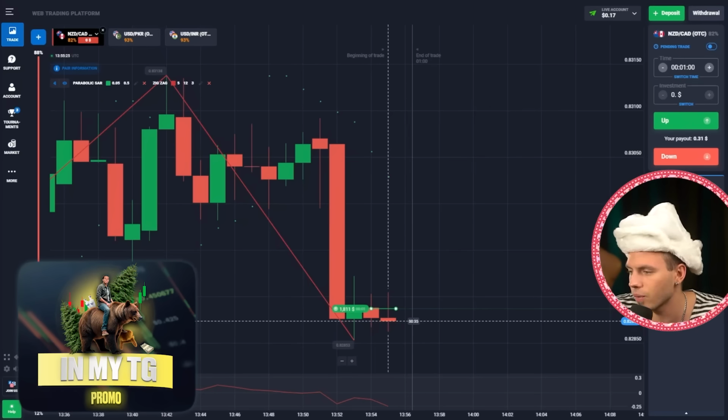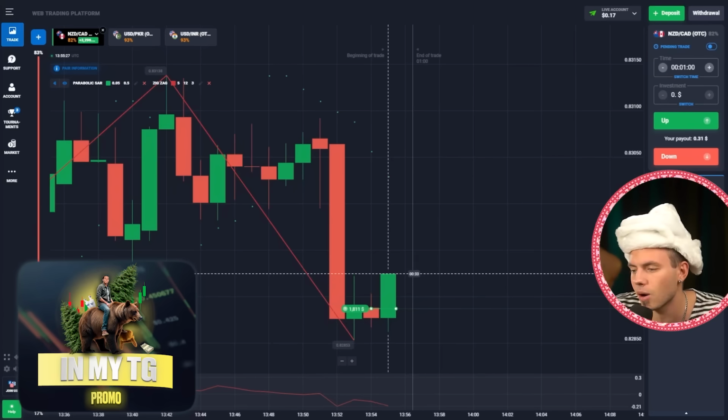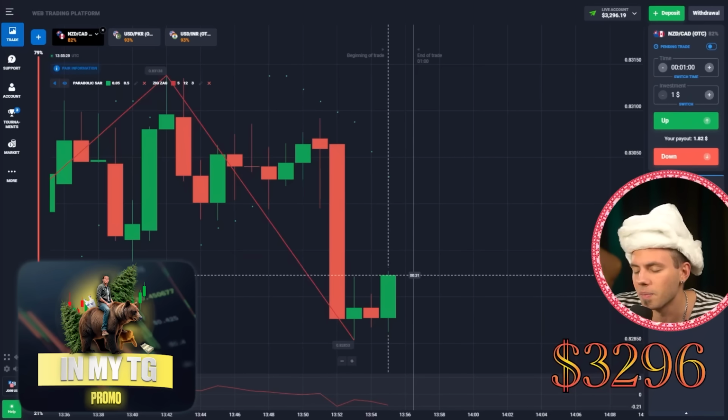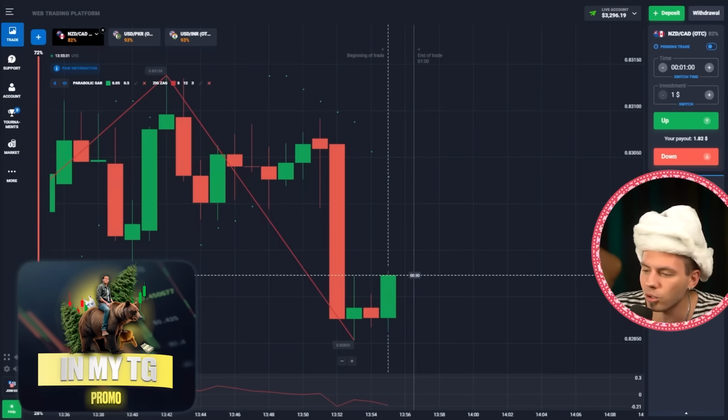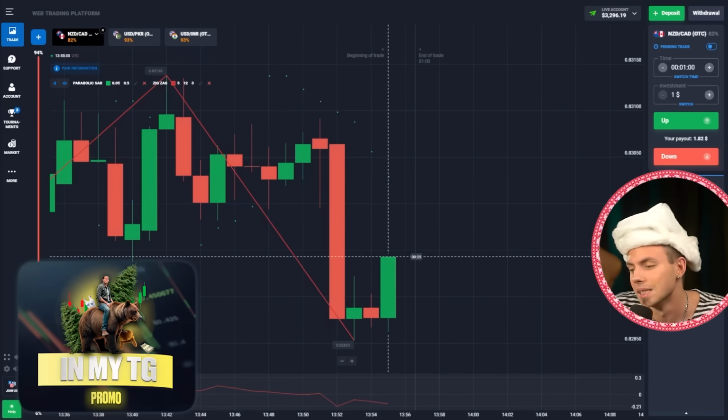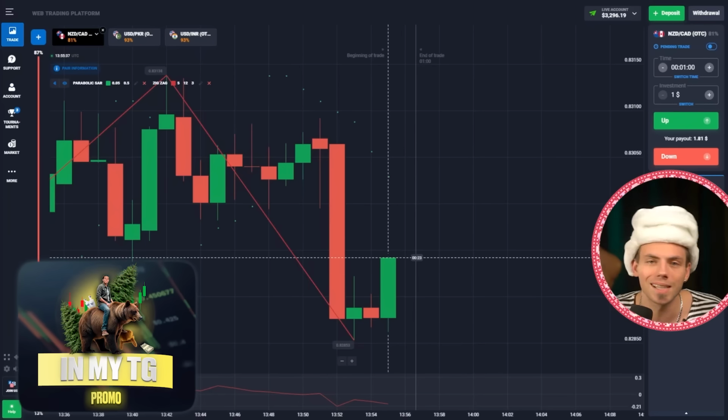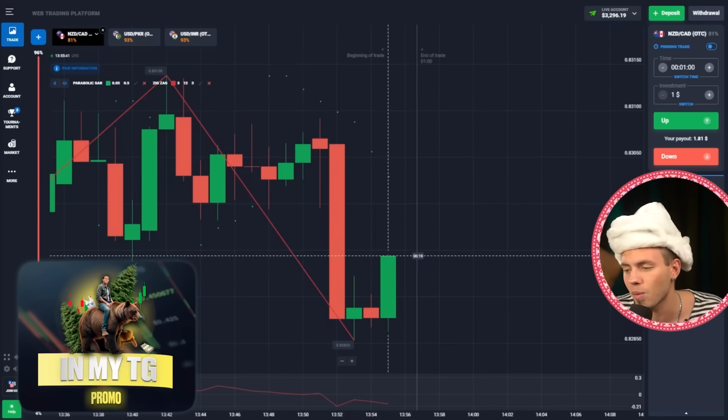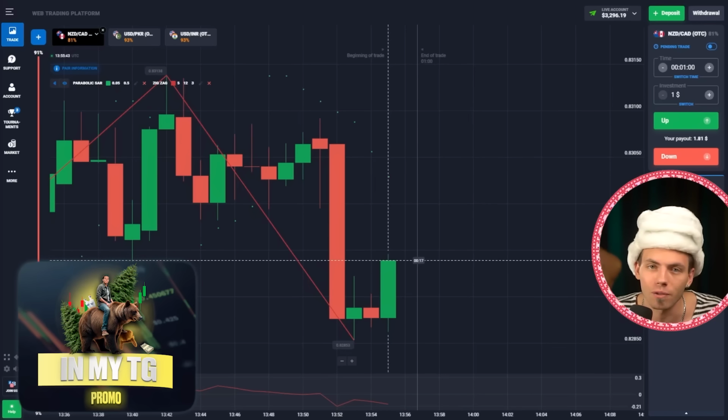Here we carefully opened an upside option, which means, yeah, trade closed more than $3,200. Very good. So that's what happens when you pick the right moment, guys. When you pick the right moment, you get really huge profits, and what's more important, you do not panic, you do not doubt, because you know what you are doing. Let's move on to the next trade.